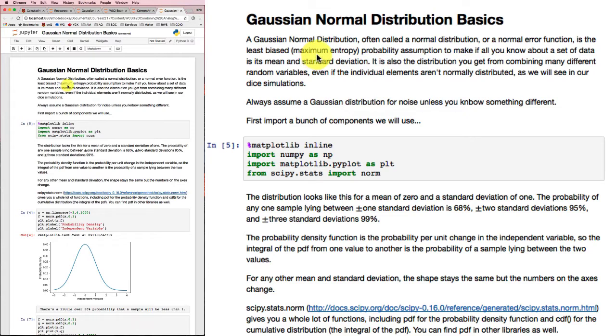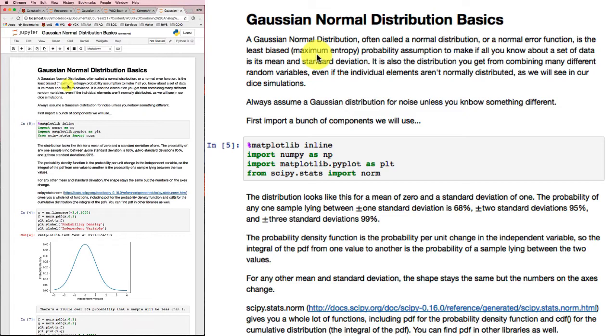A Gaussian normal distribution, often called a normal distribution or a normal error function, is the least biased assumption you can make if all that you know about a set of data is its mean and its standard deviation. It's also the distribution that you'll get if you combine a whole lot of random influences together.